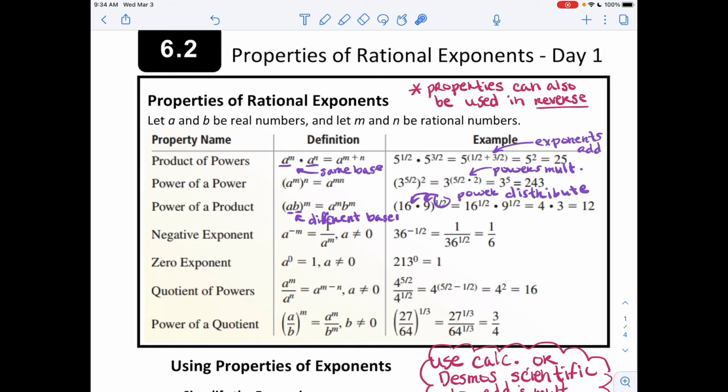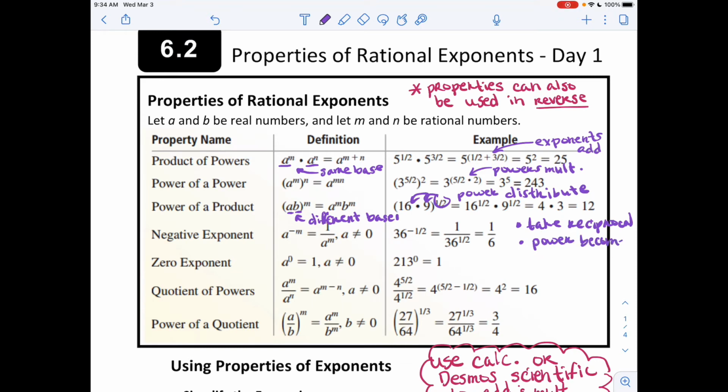Negative exponents just tell us that we need to do a reciprocal of our base. So if our base is A and it's raised to the negative m power, we take the reciprocal, and then once we take the reciprocal, notice that our power becomes positive.